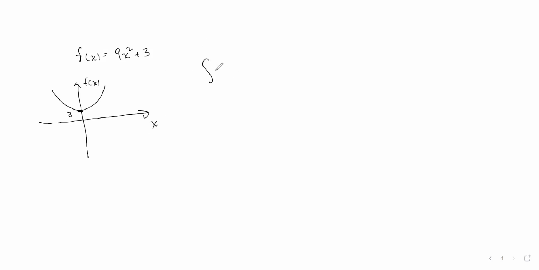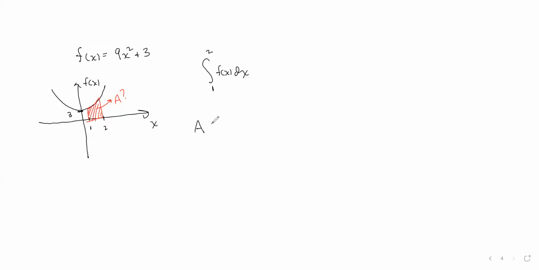Let's say I want to integrate that function with respect to x from x equals 1 to x equals 2. So maybe this is x equals 1 and this is x equals 2. Geometrically, the integral of this function from x equals 1 to x equals 2 is this red shaded region. What is the area of that red shaded region?